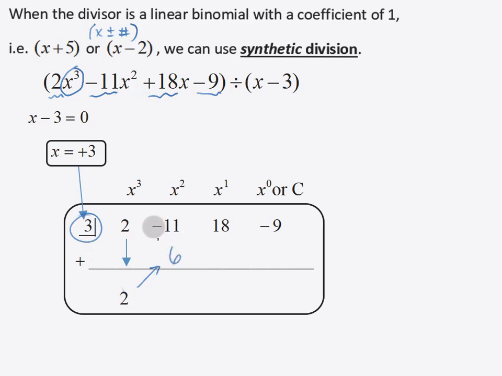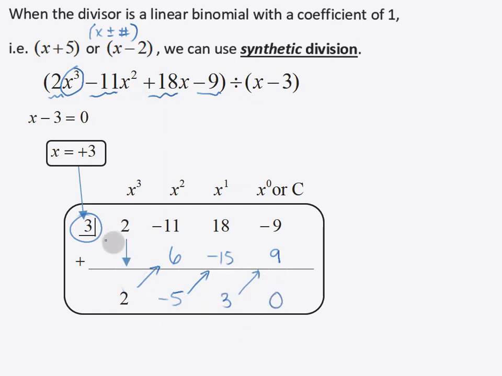So our two numbers here, we're going to add, negative 5. Below the line, multiply it by 3, negative 15. And then we're going to add, positive 3. Times the 3 in the box over there, gives us 9. And we add, we get 0.